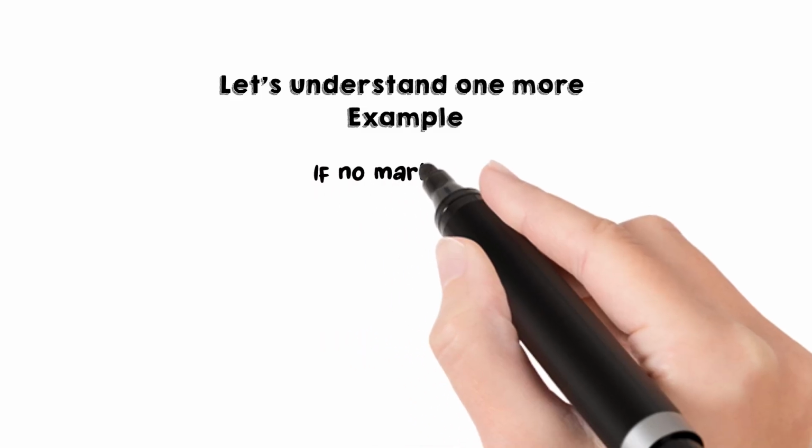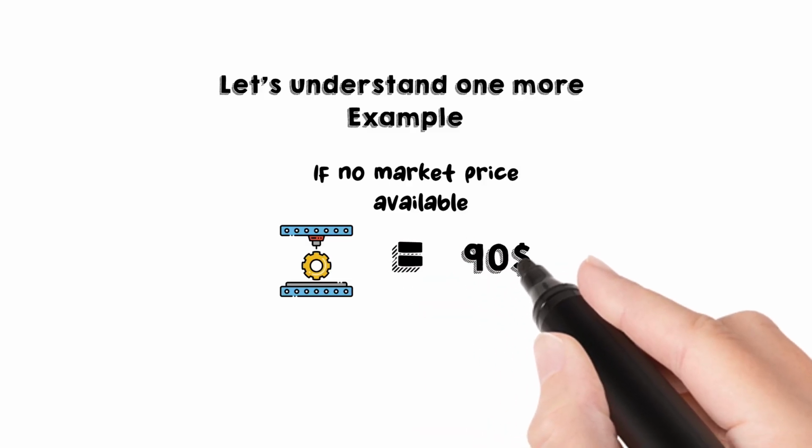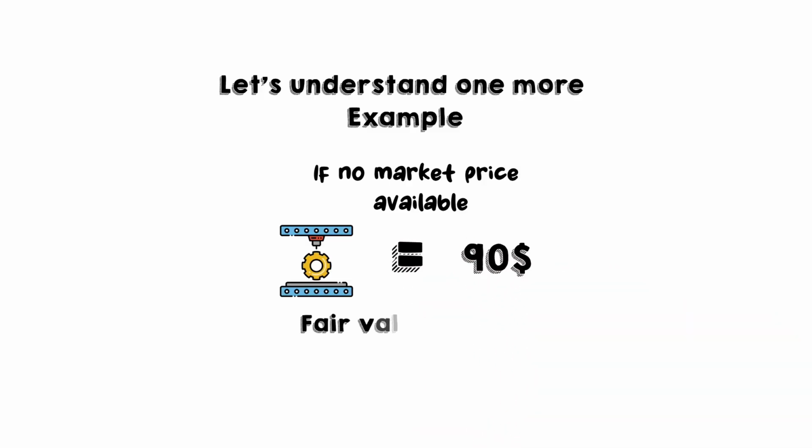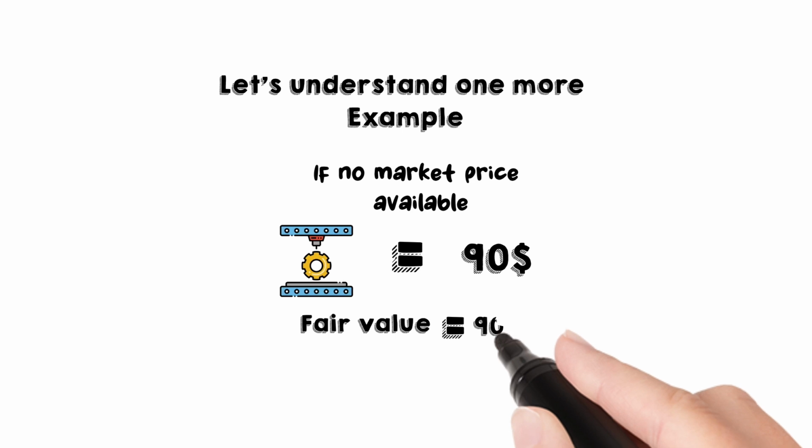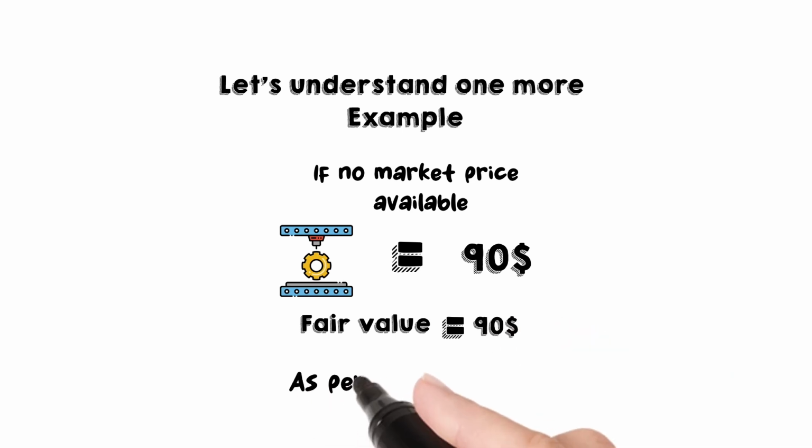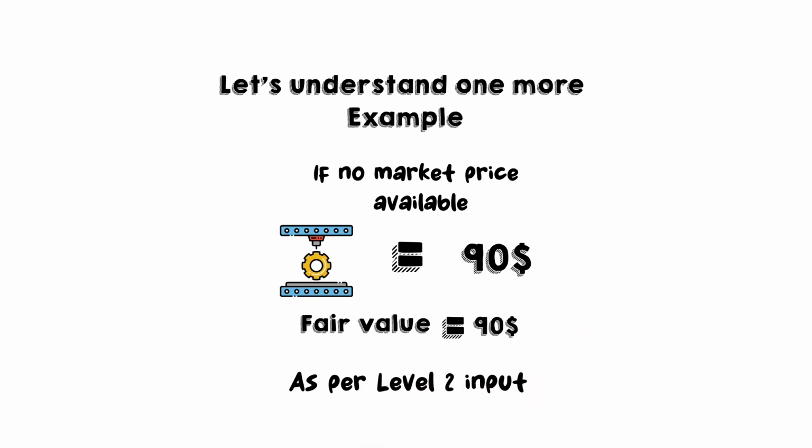Let's understand one more example. If no market price is available, similar asset value equals $90. Fair value equals $90 as per Level 2 input.